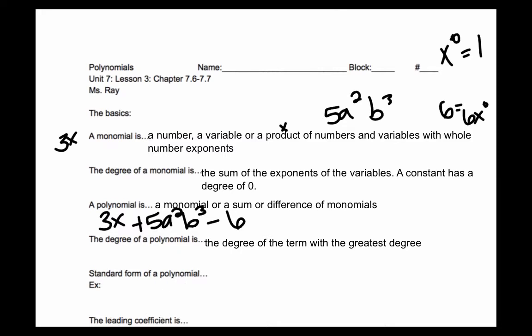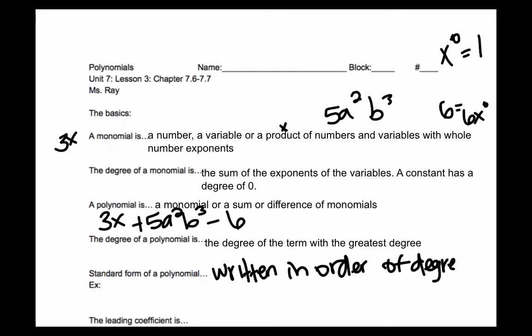And then lastly, standard form of a polynomial. Standard form of a polynomial is written in order of degree, greatest to least.